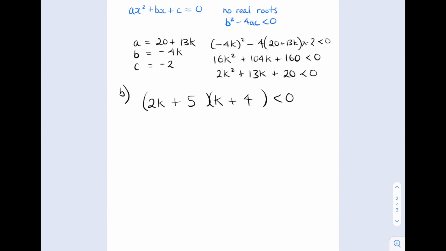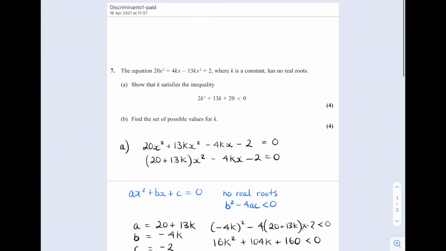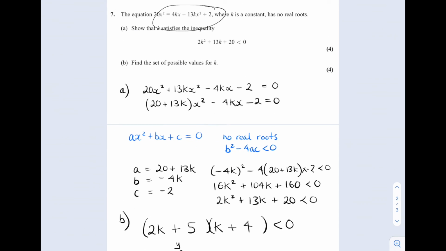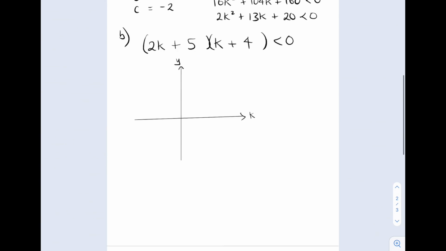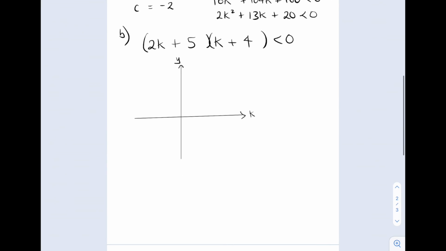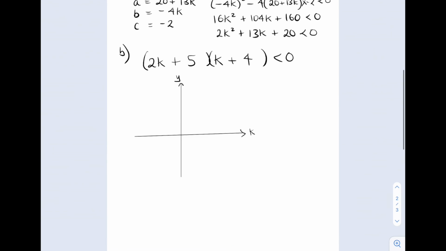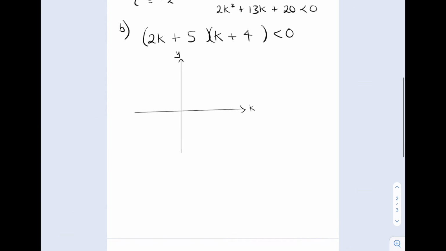Now, the easiest way to find the k values for which this is true is to plot this new quadratic on some axes. So whereas before we had y against x, we've now got y against k. So this is not the original quadratic. It's a new quadratic we found by setting the discriminant of that quadratic to be less than 0.